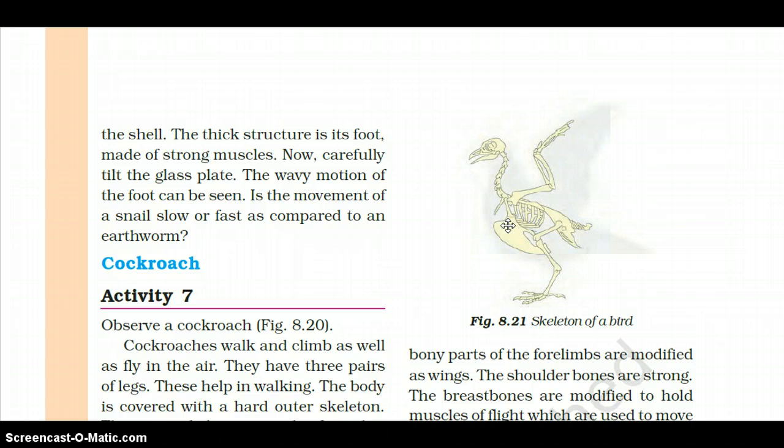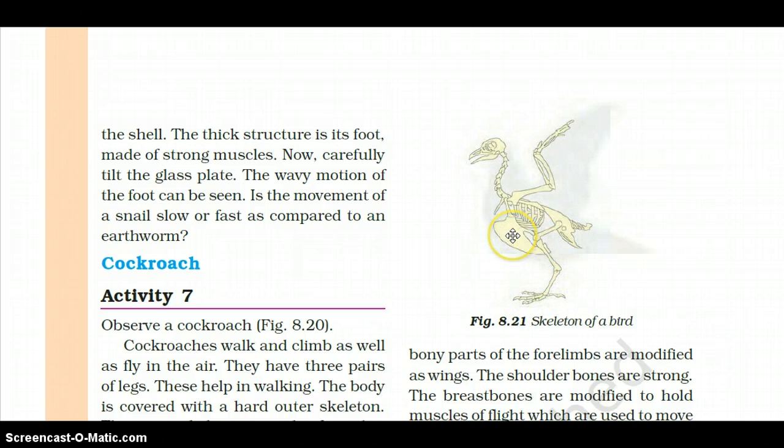And with the action of these breast muscles, what happens? These muscles help in pushing or pulling of the wings and flapping of wings, and that is why they can fly. So hollow and light bones, forelimbs modified into wings. Hind limbs are walking and perching type. This is the hind limb.